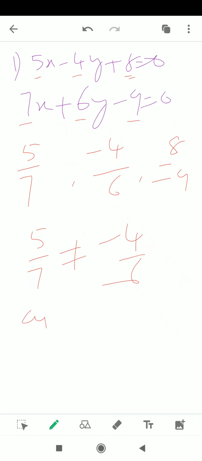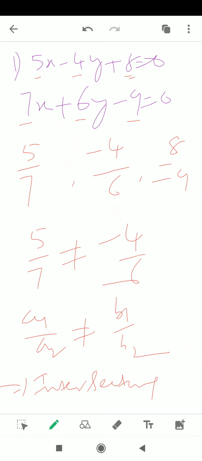Now here 5 by 7 is not equal to minus 4 by 6. That means a1 by a2 is not equal to b1 by b2, which implies the lines are intersecting. Okay, so the lines are intersecting.